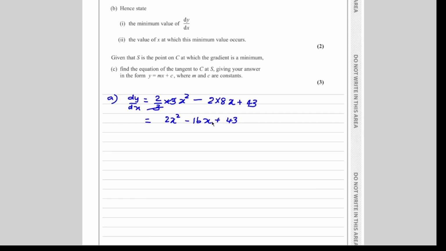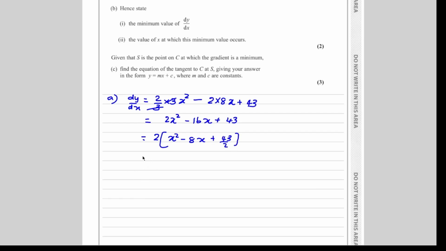Now I need to convert this into complete the square format. I'm doing it manually. You can use the formula as well. It is easy to use the formula, but I'll show how to do it manually. So I'm taking out 2 first. Then I can write this as x squared minus 8x plus 43 over 2.